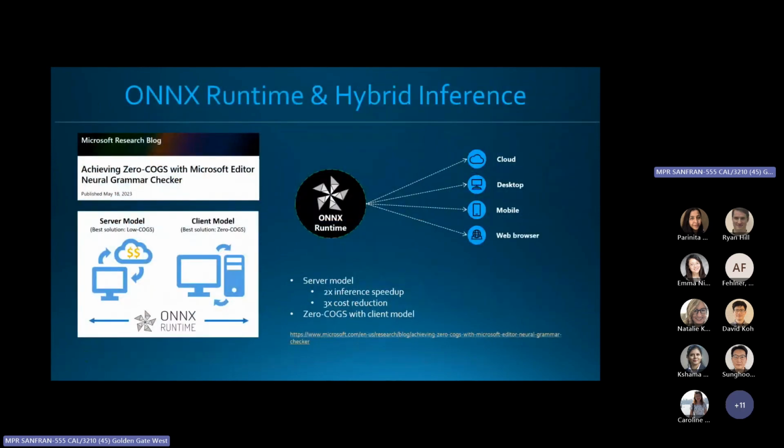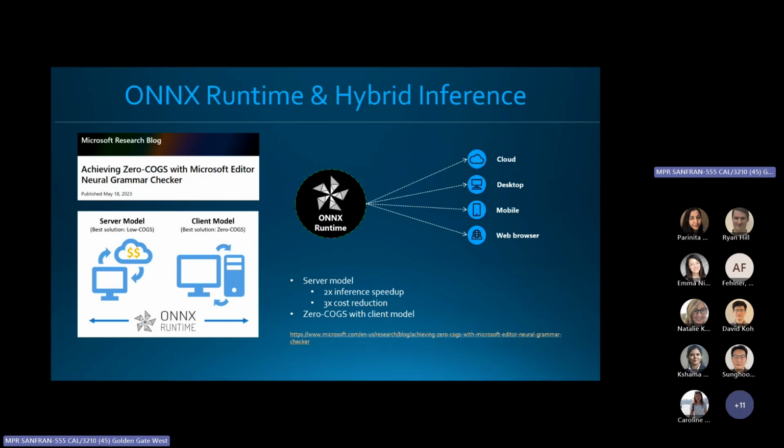The next is also a recent Microsoft Research blog, which talks about how you take advantage of ONNX Runtime and its run-everywhere capability to do hybrid inference. The use case is the Microsoft Editor Neural Grammar Checker.